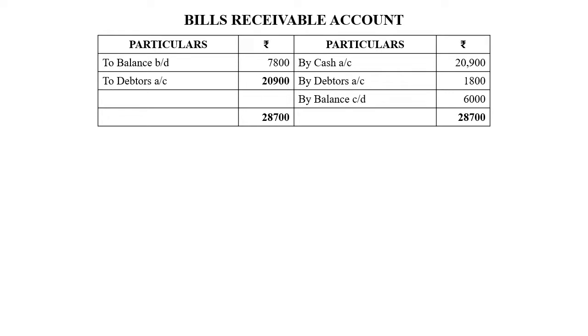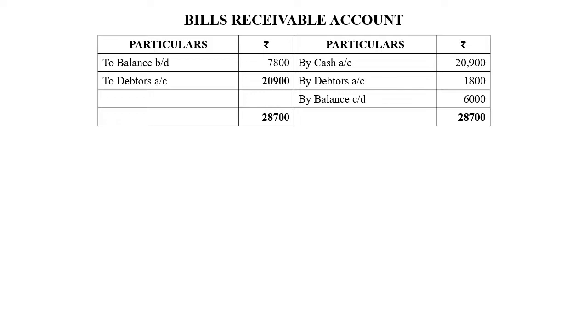debtors account. So write to debtors account, that is balancing figure 20,900. Within the bracket you write balancing figure.